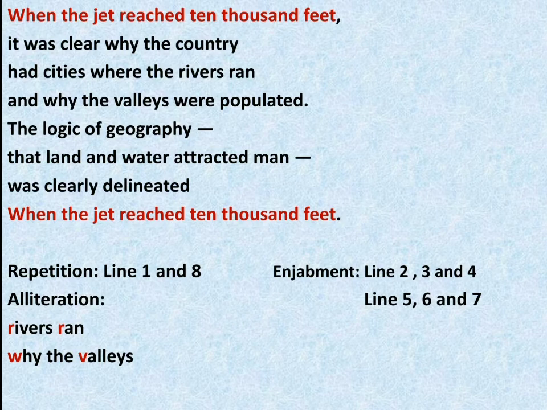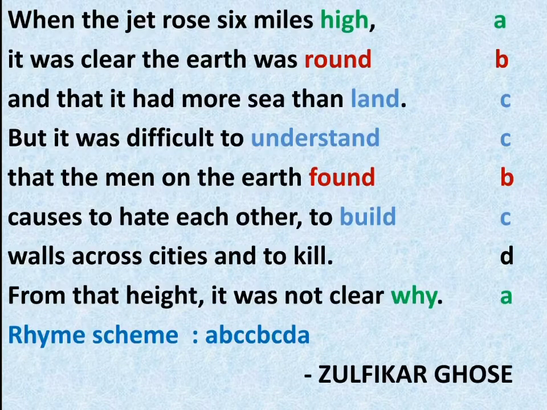So this fifth line, sixth line and seventh line, these three lines have the same idea, or the meaning of the line is carried forward and it is separated into three different lines. So here we have enjambment in lines 2, 3, 4 and lines 5, 6 and 7. Right, children? Now we'll move on to the next stanza.